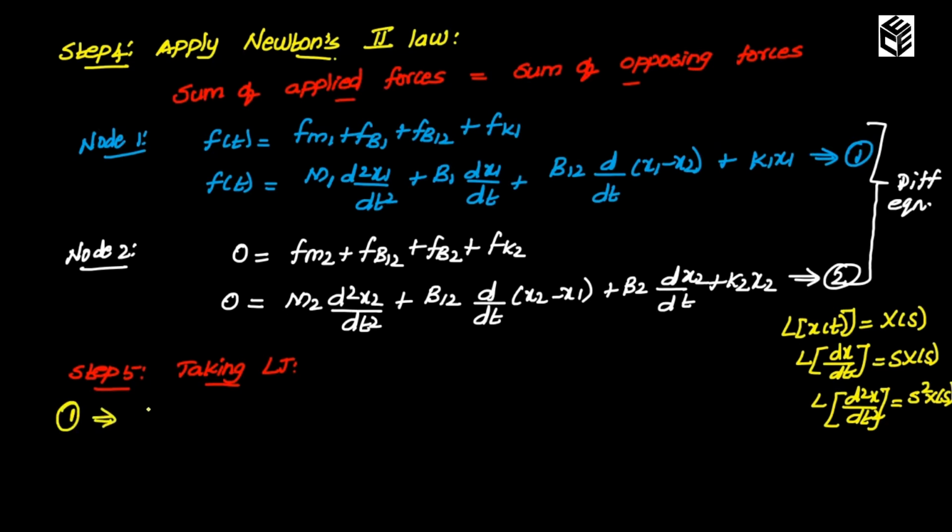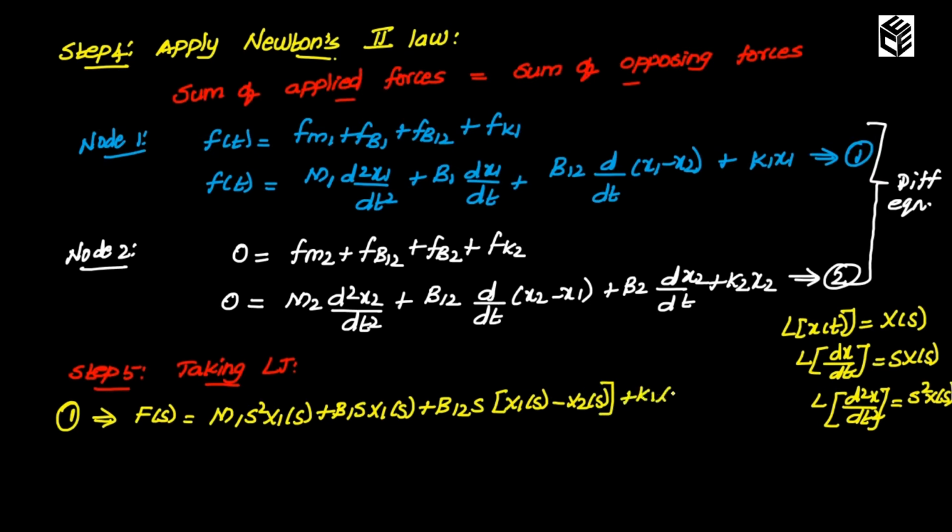What is the answer? F of s is equal to m1 s square x1 of s plus b1 s x1 of s plus b12 s into x1 of s minus x2 of s plus k1 x1 of s. Okay. So, from this equation, I am taking x1 of s as a common factor outside.